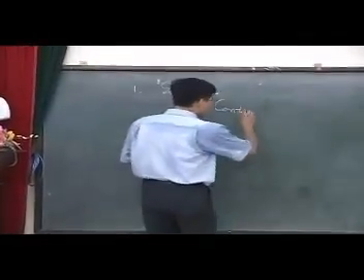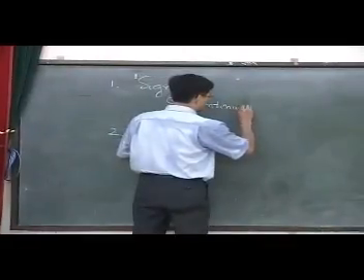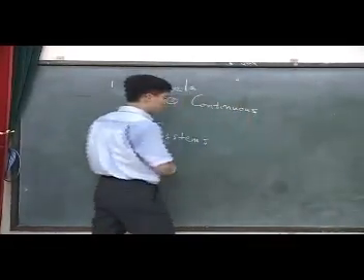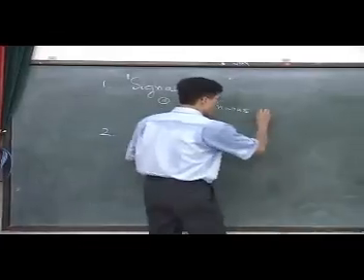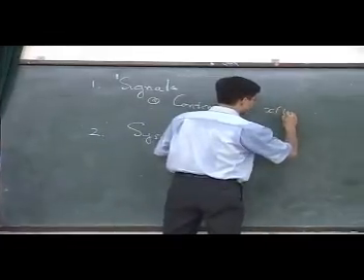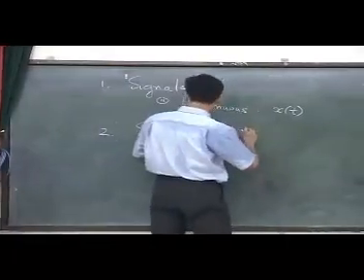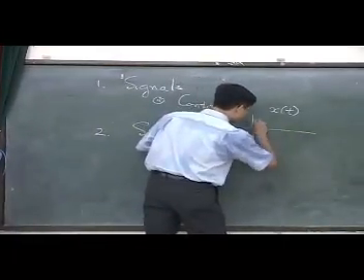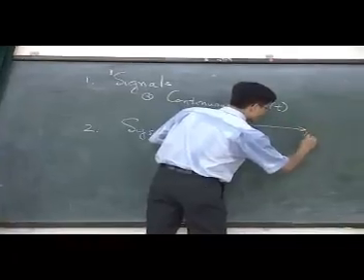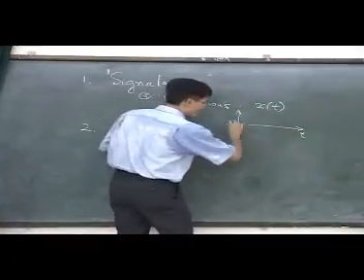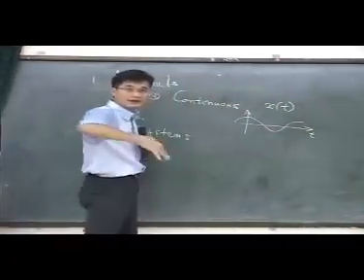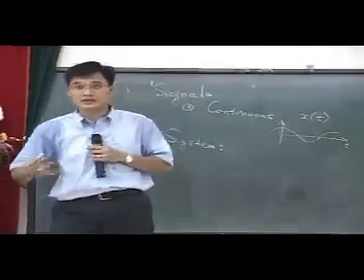The first thing is the continuous signal. An example for it is x(t). We have a variable t and we have a signal. T is a real number, a continuous variable.